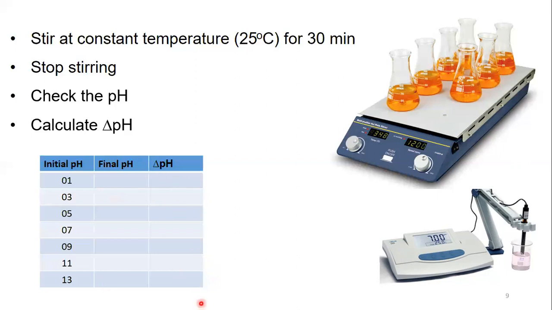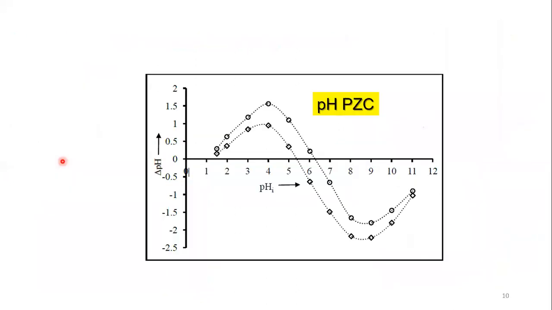When you have found this change in pH, you plot it on your y-axis and the initial pH on your x-axis. What does it mean? It means that this change in pH is dependent on the initial pH, and you will get this kind of plot.